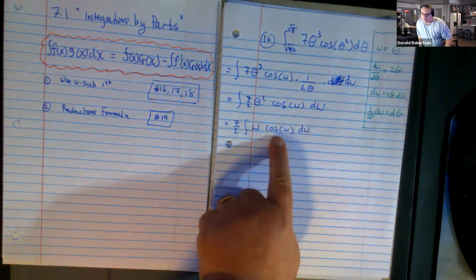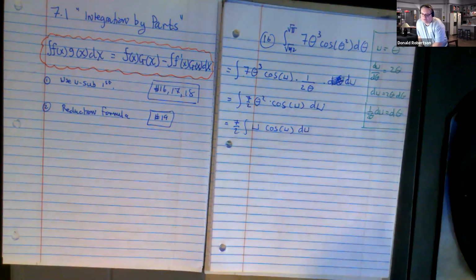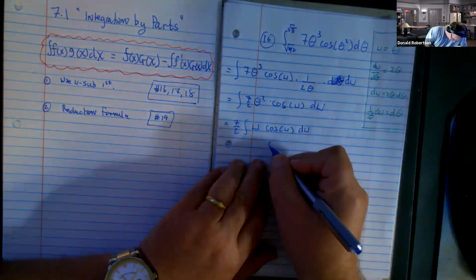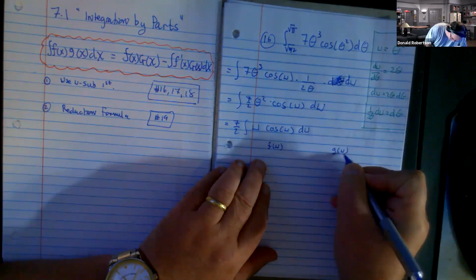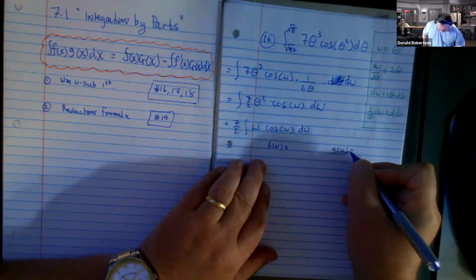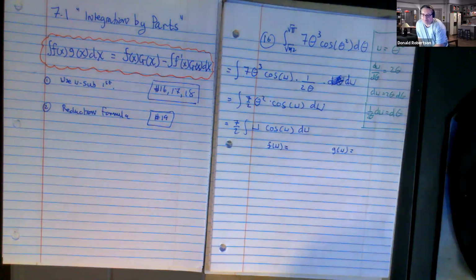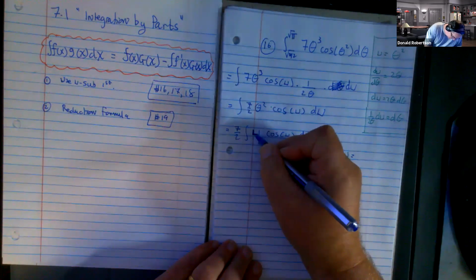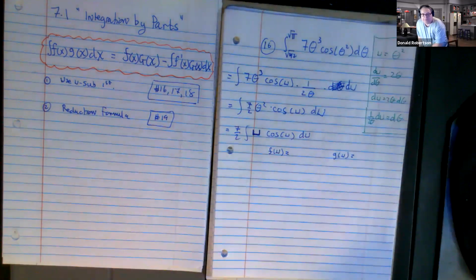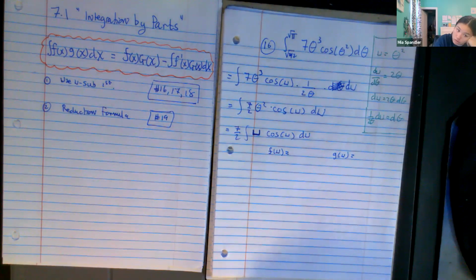Now, when you look at this one, do you see a nice candidate for integration by parts? Great. If we're going to do integration by parts, we need to find who f of u is and who g of u is, and it is important that we pick the right one. So which one is f of u in this question? u.